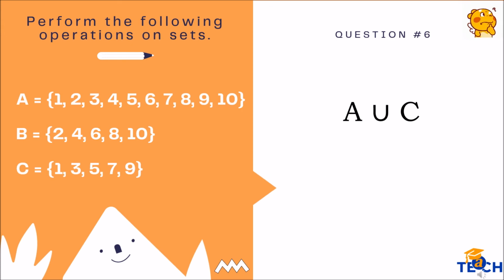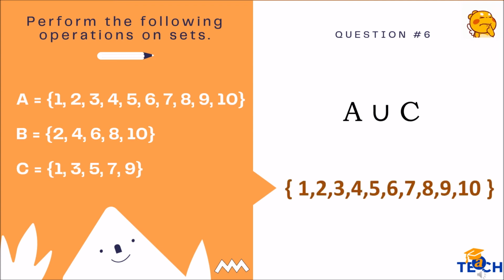What is the union between set A and set C? Yes, the union between set A and set C is numbers ranging from 1 to 10. Again, we simply combine all the elements in set A and in set C.